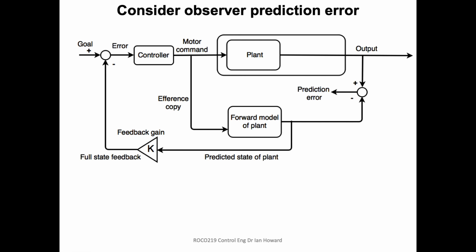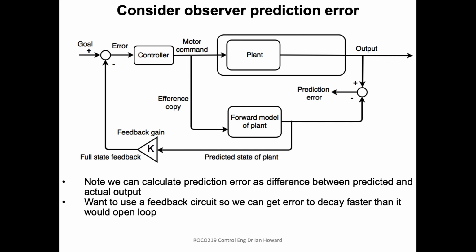And if the error is 0, we know it's perfect. So in this system, basically what we need to do is now use this prediction error, if we can. So if this error is big, then we need to do something about the prediction. We need to improve it. So we're going to use this prediction error to improve the prediction.